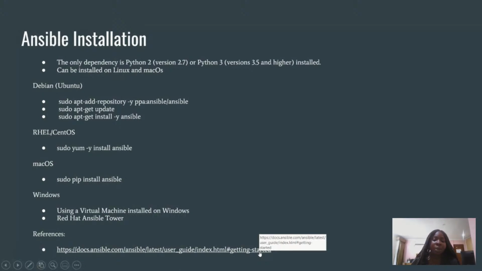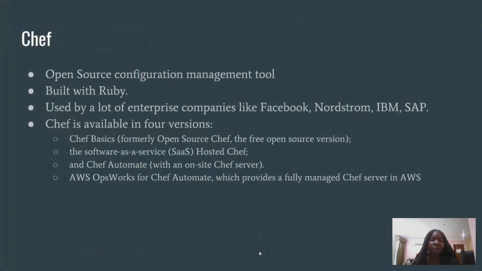The next tool we'll be discussing today is Chef. Chef, like Ansible, is also open source, but it was built with Ruby. I don't know if we are familiar with the Ruby programming language. If you know Ruby, it's an advantage when you're using Chef. It's easier to understand.